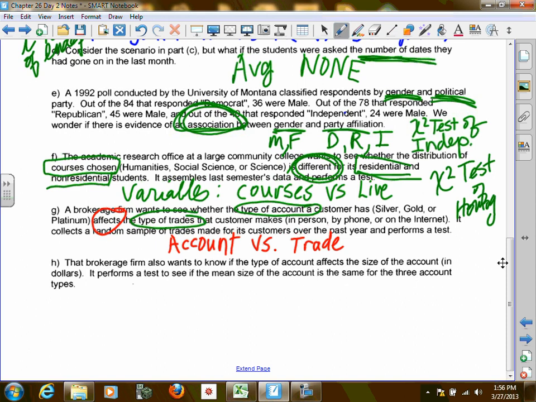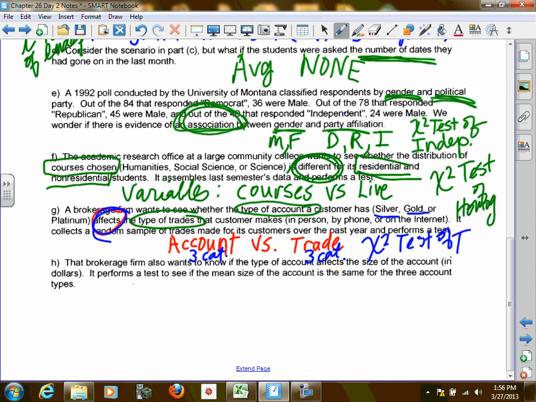Under the variable of account, how many categories are there? So get this straight. Variables are account. How many categories does account have? 3. Okay. So there's 3 categories here. And how many categories under the type of trading? 3 categories. Okay. Correct. And so I am wondering what affects it. Okay. So that's chi-squared test of independence.